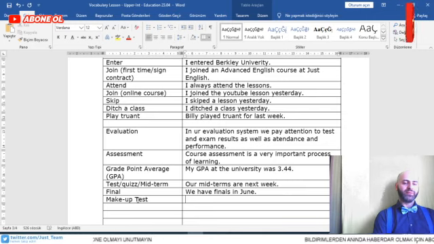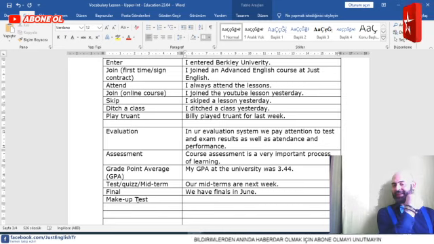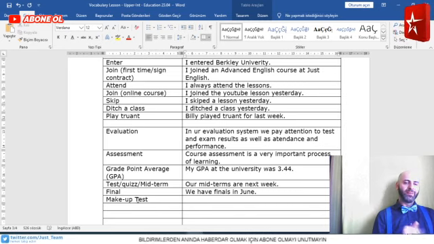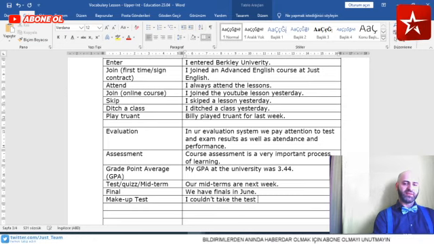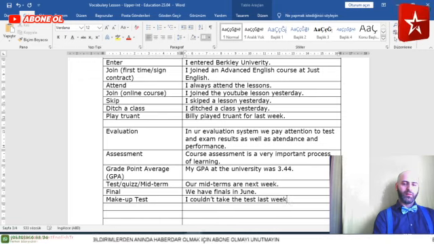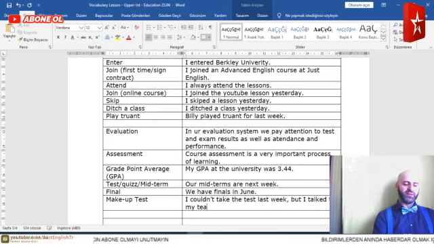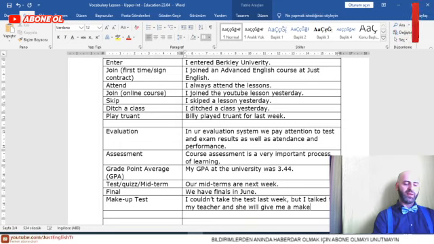I think Turkish students know a different meaning of makeup, when women apply some makeup on their face, but we have also this meaning for makeup. I could not take the test last week, but I talked to my teacher and she will give me a makeup test.